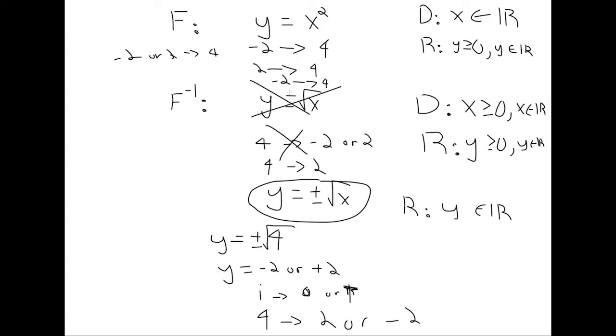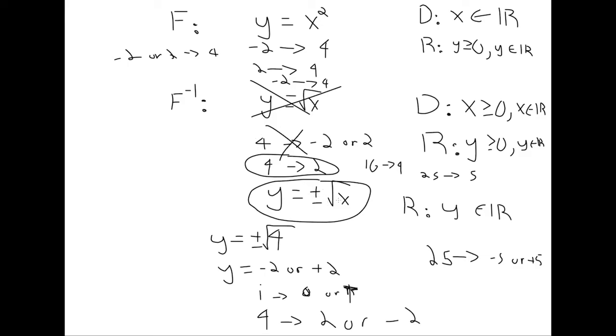Because this equation right over here would give you certain things like this, where 4 gets you 2, or 16 would get you 4, or 25 gets you 5. When really, we want our inverse to do this: 25 gets you negative 5 or positive 5, right? So that's what we have to do. We have to say plus or minus in this case.